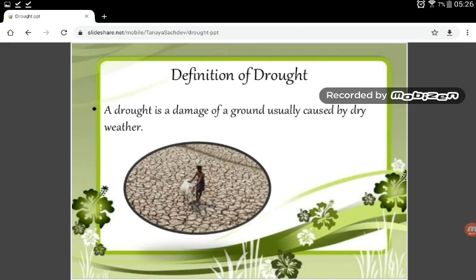Coming up to the definition of drought: it is damage of ground usually caused by dry weather. So the proper definition is not this way.